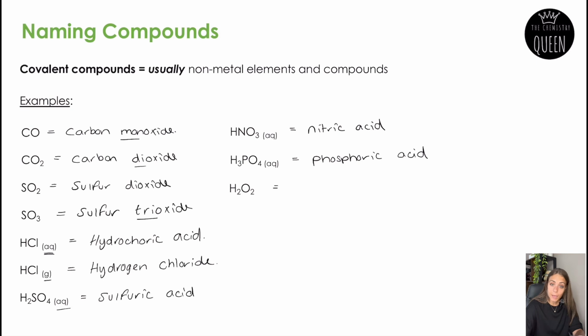Not an acid, this one, but H2O2, a common compound, does crop up in the GCSE specification as well as the A-level. This is a peroxide, so H2O2 is called hydrogen peroxide, so definitely a compound worth familiarising yourself with. And then NH3, again, a common compound that crops up at GCSE and A-level, is called ammonia.